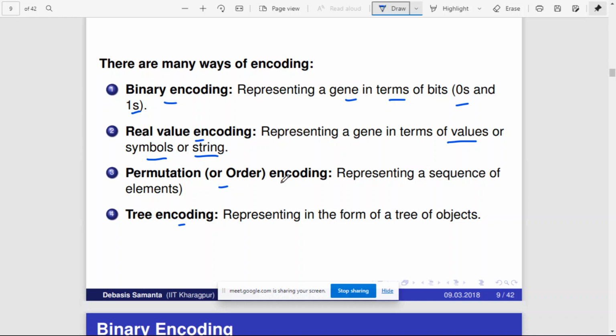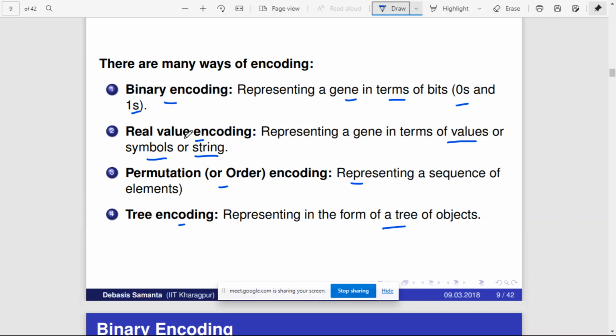In permutation or ordered encoding, the genes are represented in a particular sequence. So here ordering is the question. We know that these are the parameters involved, but the solution lies in ordering it properly. So how are we going to order that? In case of tree encoding, we represent the genetic information or genes in the form of a tree, basically a binary tree.